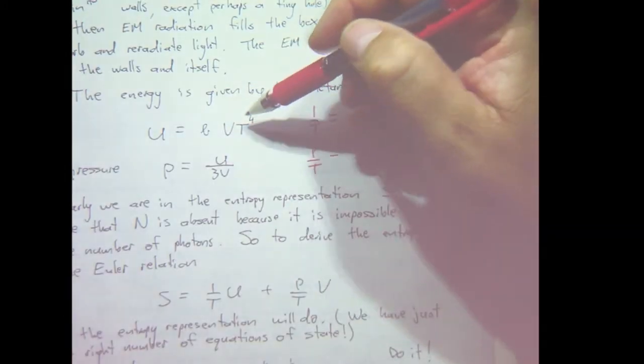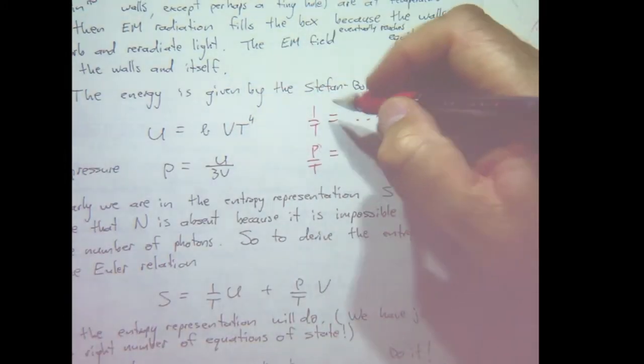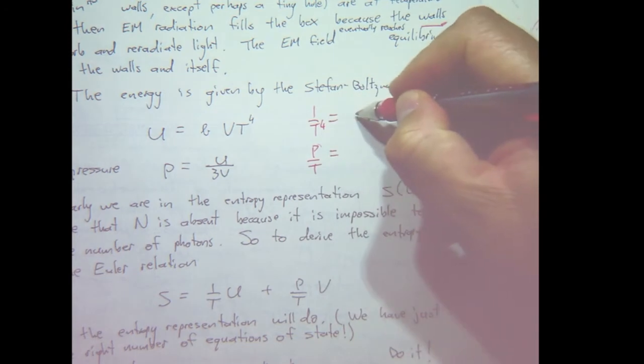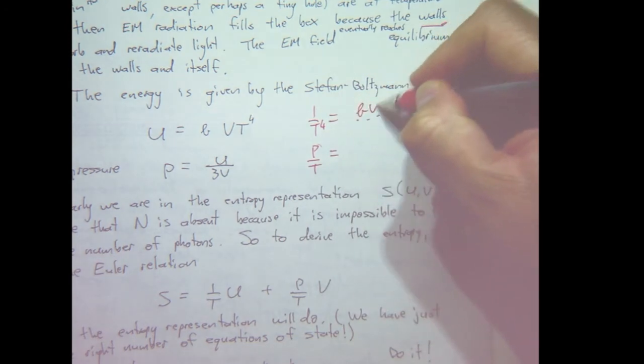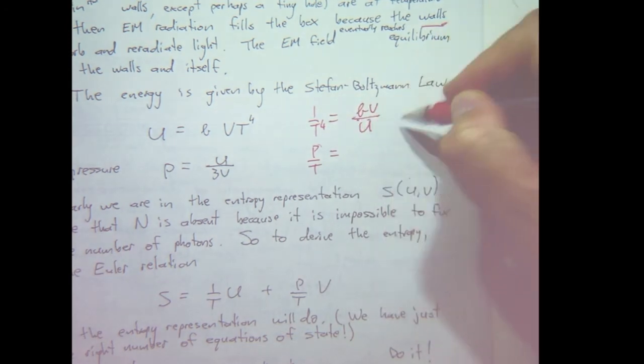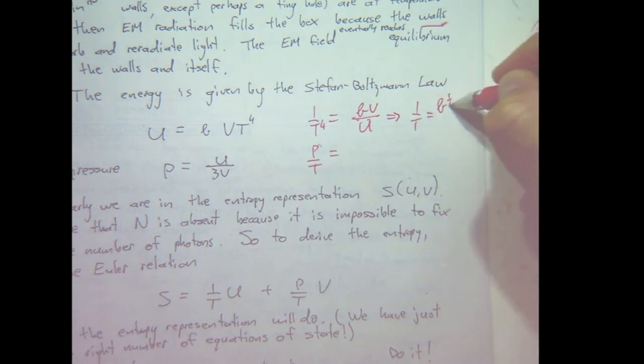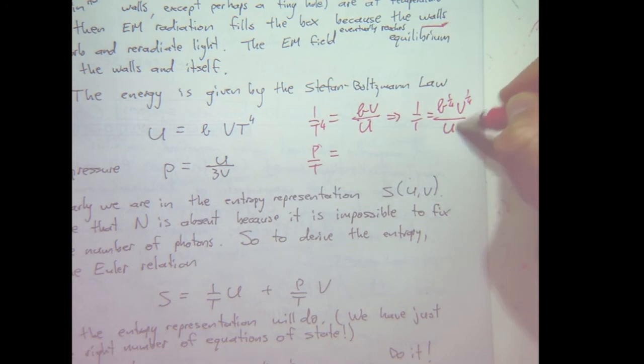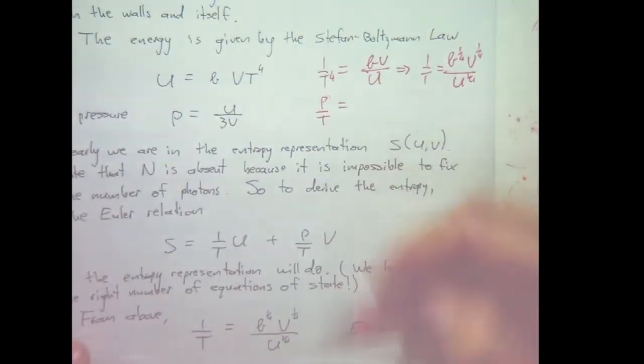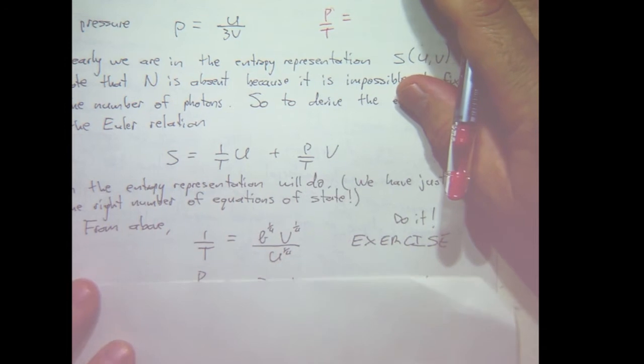So 1 on T to the 4 is BV on U, so that 1 on T is B to the quarter, V to the quarter on U to the quarter. So that's that trivial exercise.